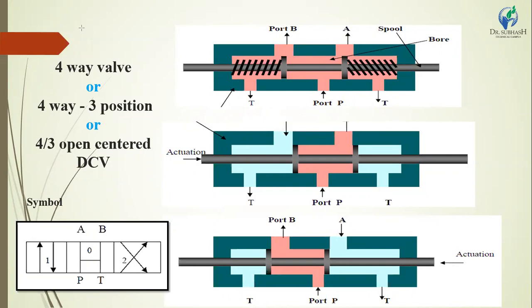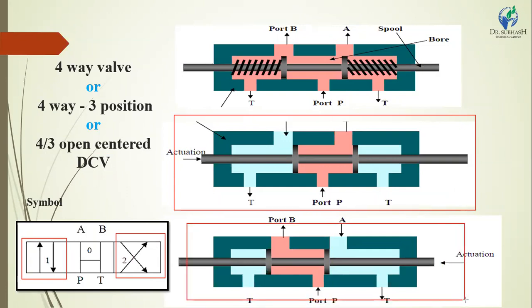Position 1 and position 2 are common, as we studied in our previous slide. In the first position, the oil passes from port P to port A, and on the other side of the DCV the oil returns from B to T. In the last position, the oil passes from P to B, and A returns directly to the tank reservoir. These positions are common with our last slide.